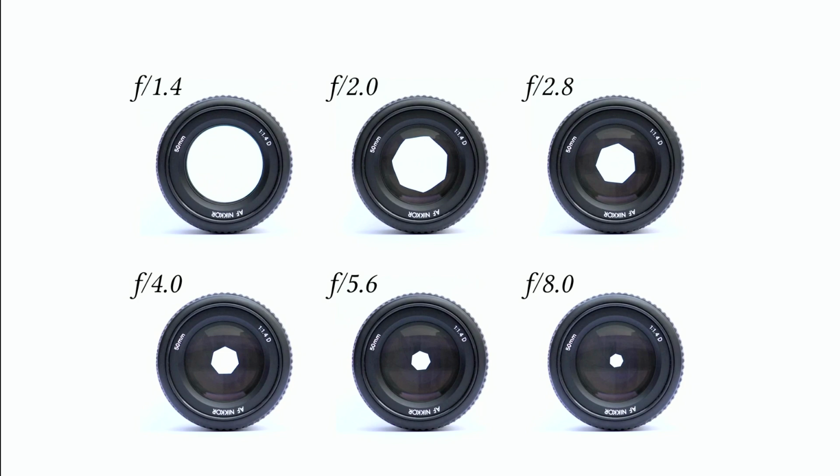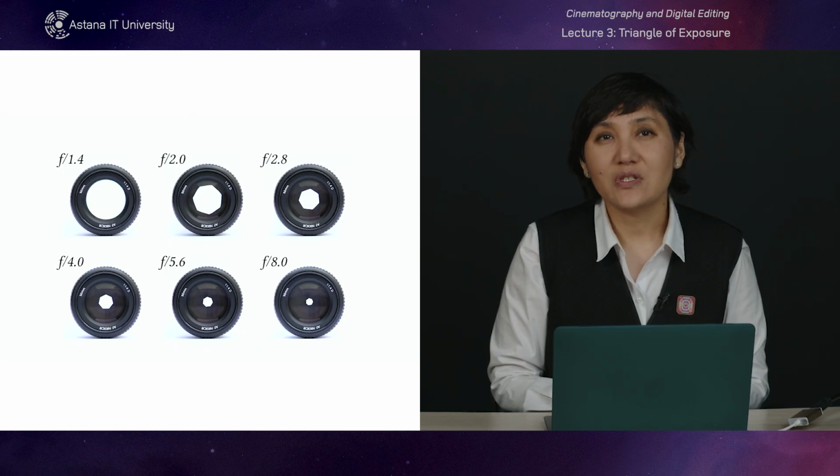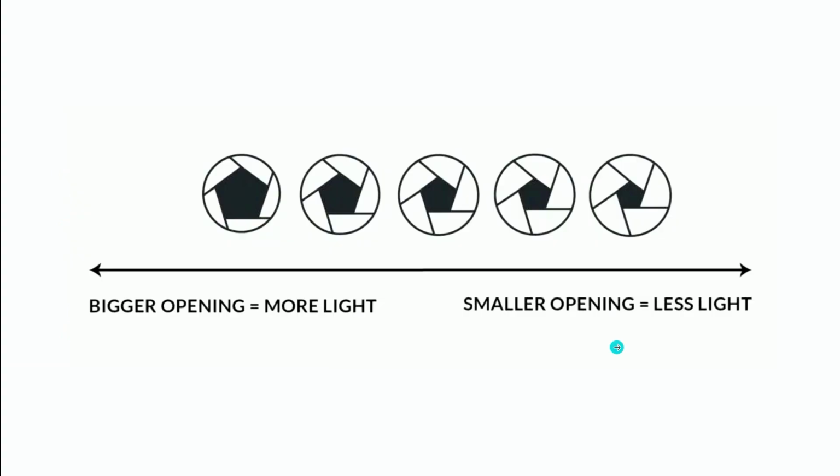It's measured in f-stops, such as f2.8, f4, f8, and so on, with lower numbers representing a wider aperture and higher numbers representing a narrower aperture.